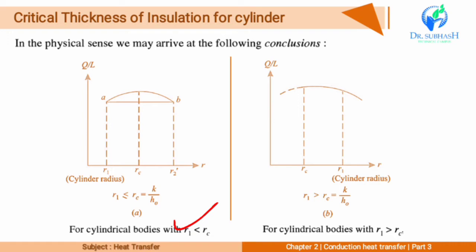This happens when R1 is small and Rc is large, the thermal conductivity of the insulation K is high, poor insulating material, and h_o is low. A practical application would be the insulation of electric cables, which should be a good insulator for current but poor for heat.